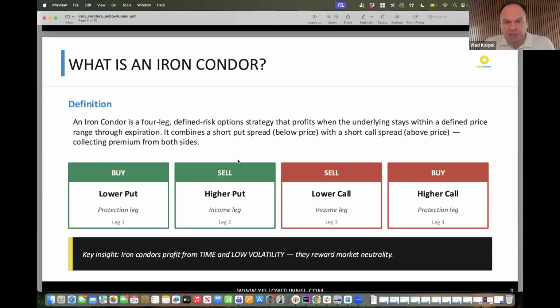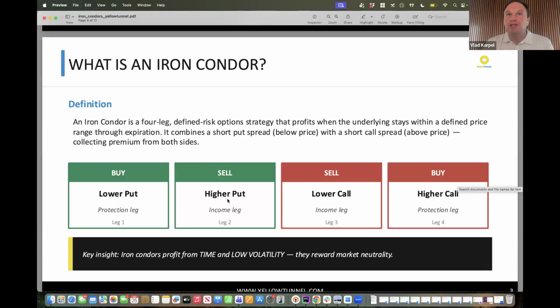So an iron condor basically consists of four legs, both puts and calls. It's a defined risk option strategy. The main point is that it profits when the underlying stays within a defined price range. It combines a short put spread and a short call spread. So the idea is that you sell premium. If you look at the put, you're selling the more expensive put, and then you buy.